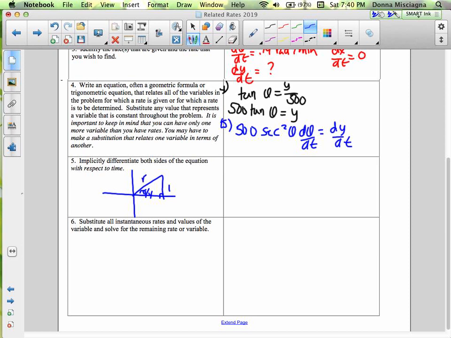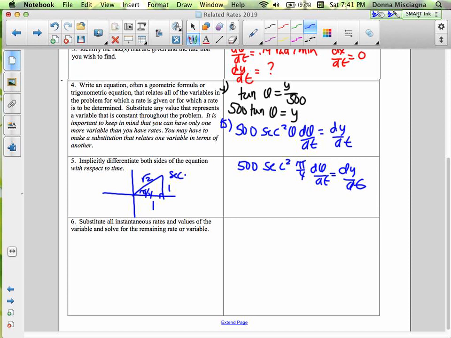Secant is just the reciprocal of cosine. It's hypotenuse over adjacent. So let me plug in the value there. This would be 500 secant squared pi fourths d theta dt equals dy dt, because it's at the moment that our angle is pi fourths.